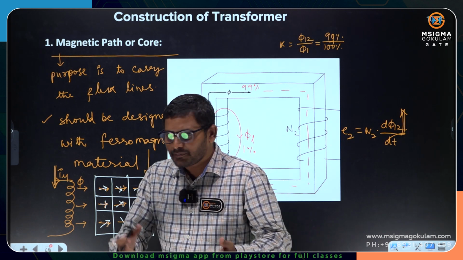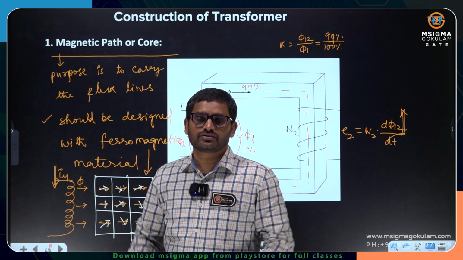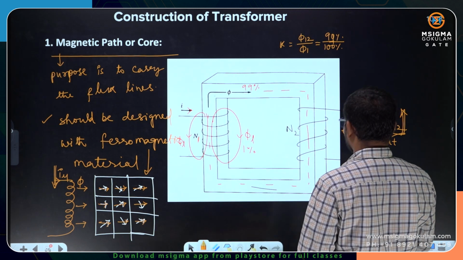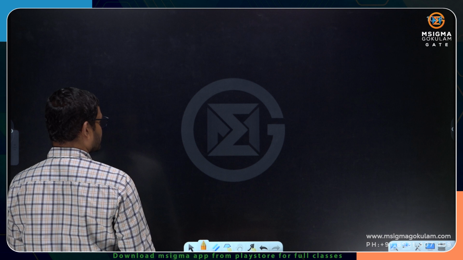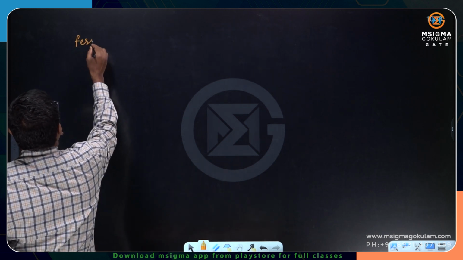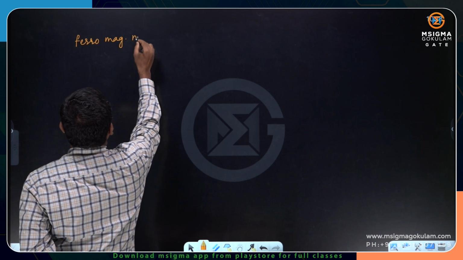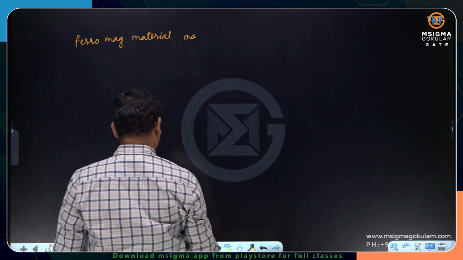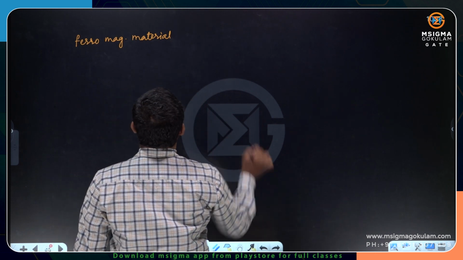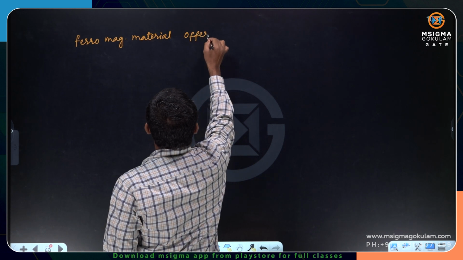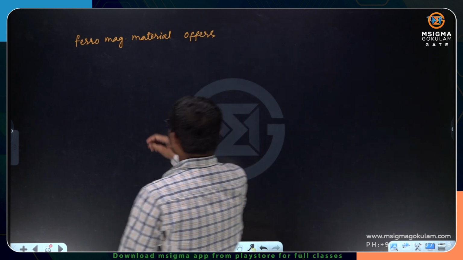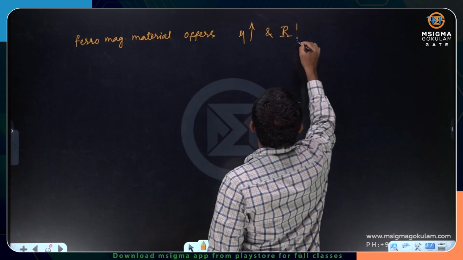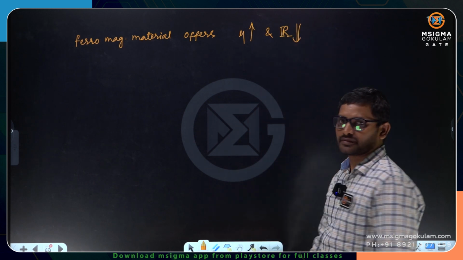Permeability is how easily the flux lines are allowed through the magnetic path. Permeability defines the easiness of flow of flux lines. Ferromagnetic material offers high permeability and low reluctance.